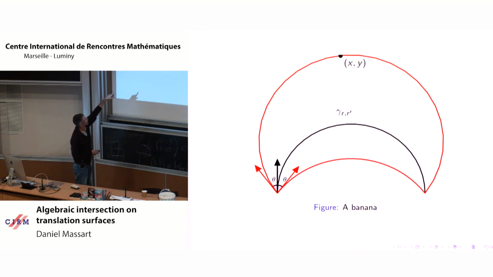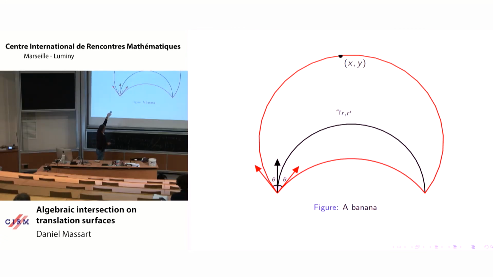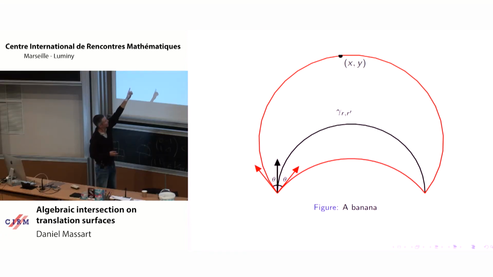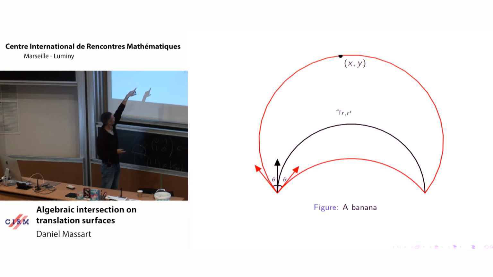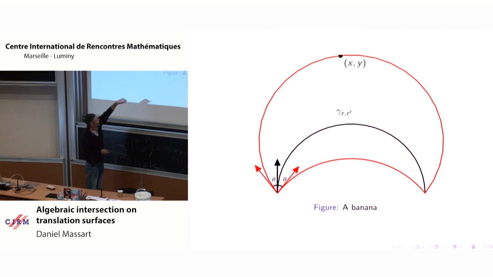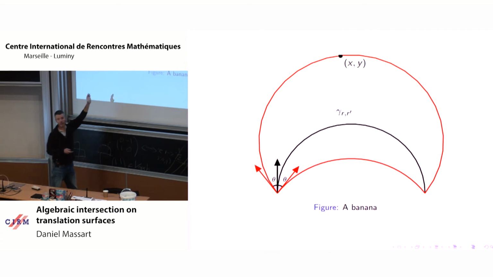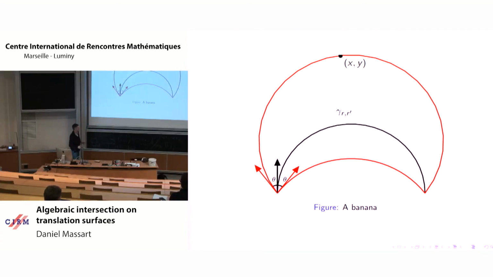So here you have the geodesic. So R and R prime are P over Q and P prime over Q prime. The black geodesic is a set of surfaces such that the curves in the translation surface with slope R and R prime are orthogonal, and the red lines are not geodesics; they are an equidistant set from the black geodesic.